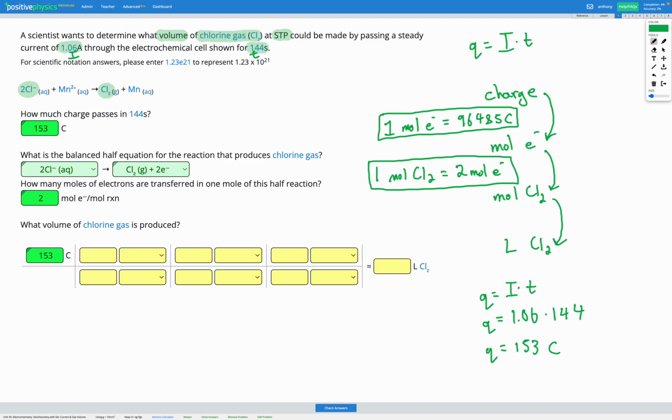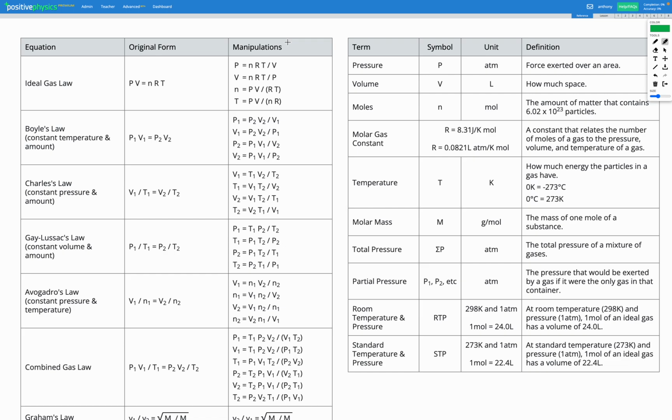Then we're going to convert from moles of chlorine to liters of chlorine. We're told in the question we're at STP, which is standard temperature and pressure. And here on the gases page of our reference sheet, we can see at STP, standard temperature and pressure, the temperature is 273 Kelvin and 1 atmosphere.